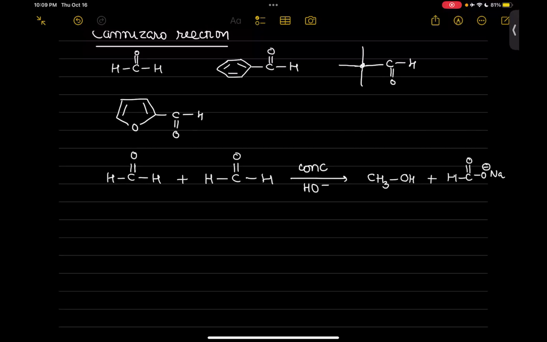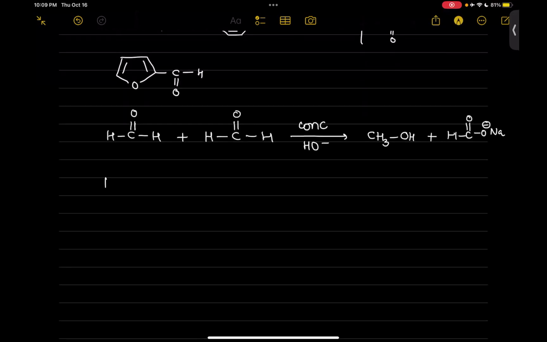Because it is a basic medium, I'm not writing directly the carboxylic acid. Got it? Is it clear or not? Getting the point? Yes, sir. Okay. So very easy to write the product.